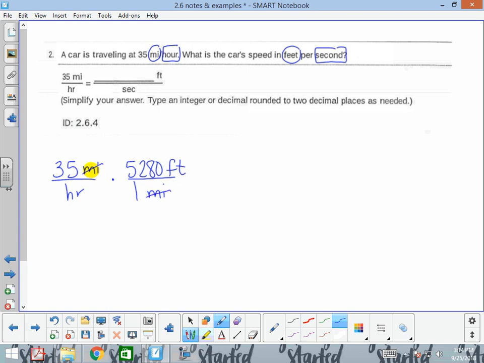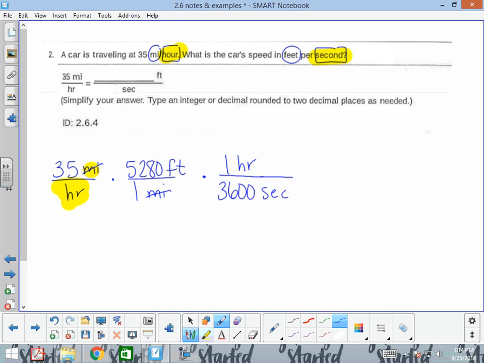All right, now let's do another conversion factor, because now I need to convert hours to seconds. So on your conversion sheet, I show you that 1 hour is 3,600 seconds.